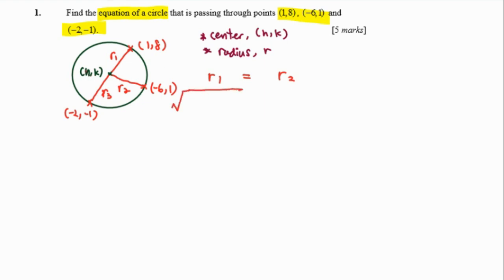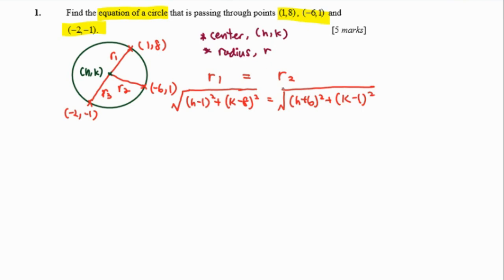So we will use (h minus 1) squared plus, for the y coordinate, (k minus 8) squared, equals to, in finding R2, it also uses the distance between two coordinates. So it will be h minus negative 6, which becomes positive, and then (k minus 1) squared.